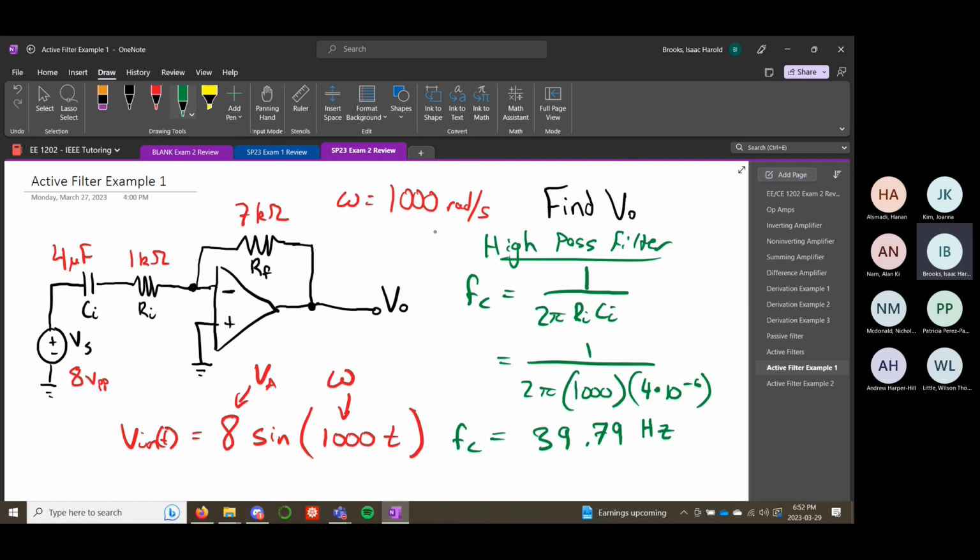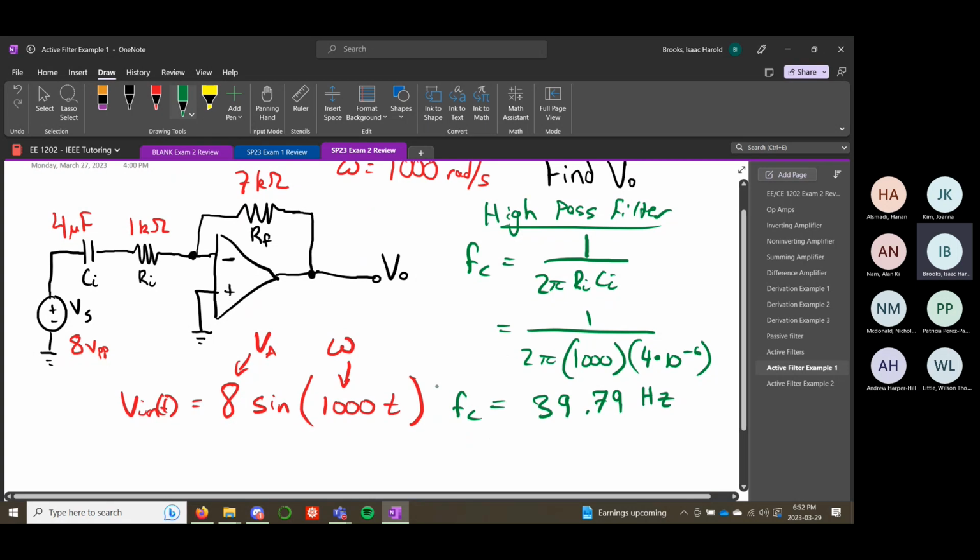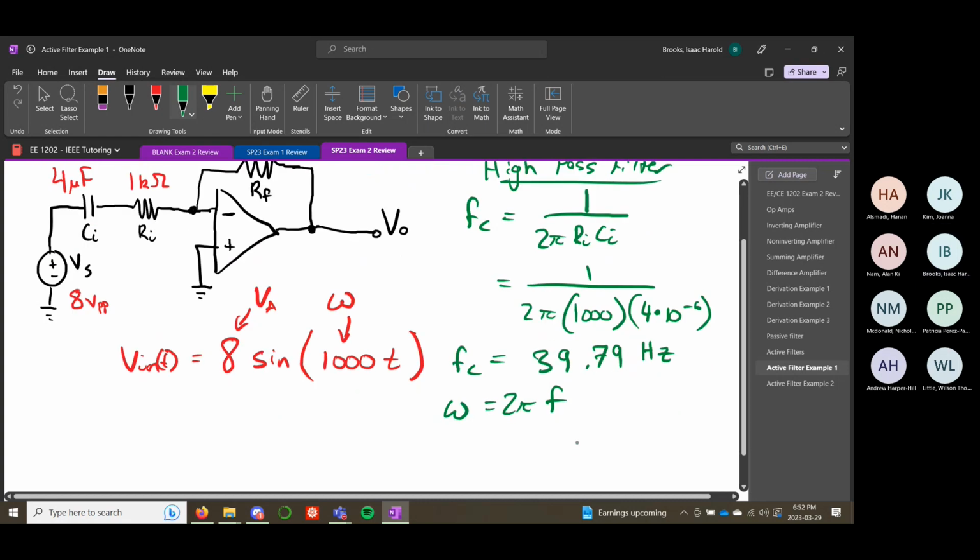What we should really do is get the cutoff frequency in radians per second. So remember the formula there is omega equals 2 pi times f. We'd say omega c equals 2 pi times fc. So our cutoff frequency in radians per second is going to be 2 pi times 39.79.